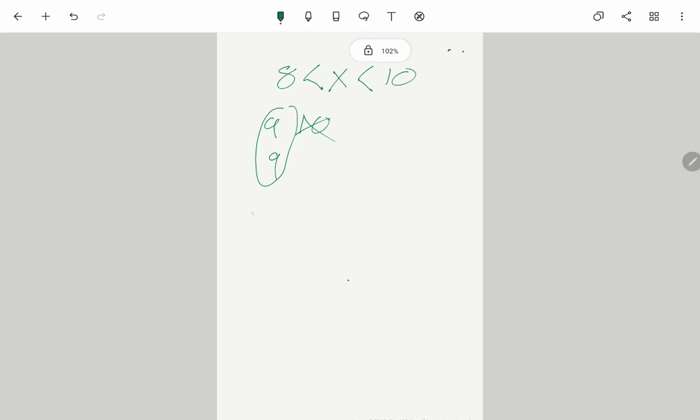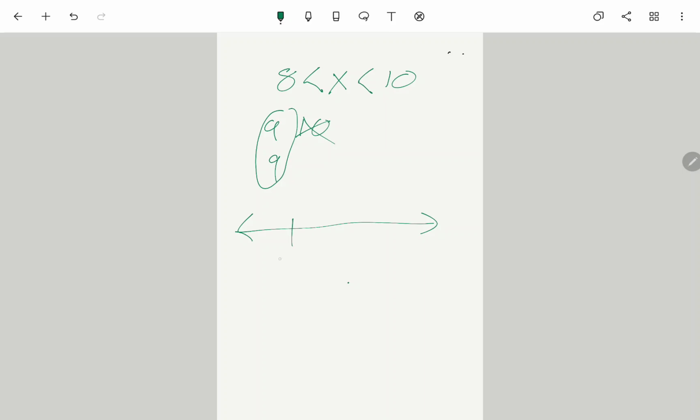Go to the line graphing. Put the numbers. Okay, in this case it's two numbers. I can put here 8 and here 10. Okay, remember your inequality will be between 8 and 10.